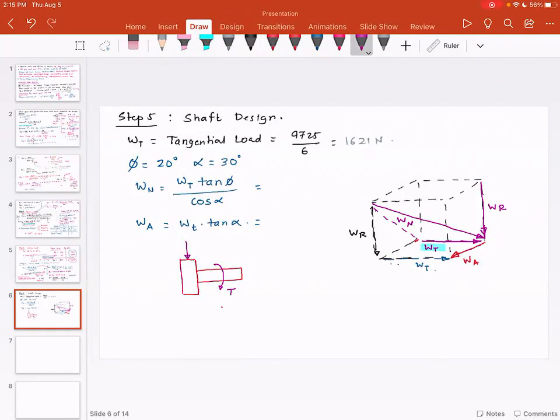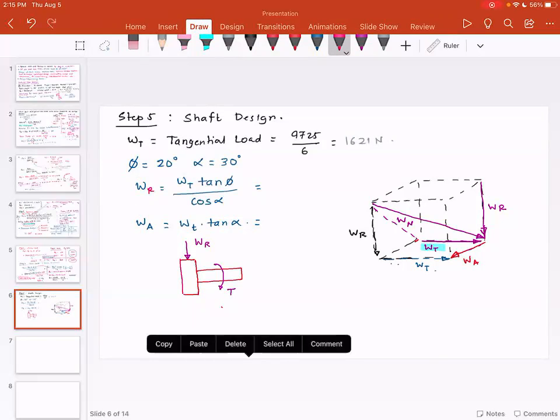One is the radial force. Actually, I made a mistake here. This is not normal, this is radial. This is the radial force. This is the axial force.